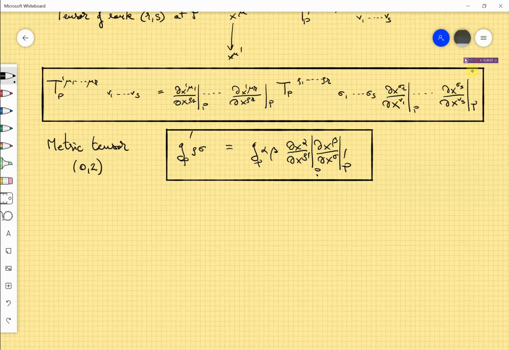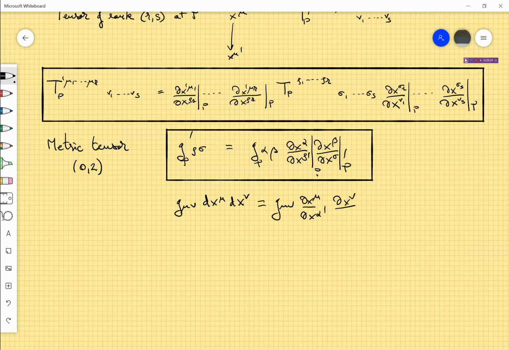So one would write something like this, because automatically, if you want to relate the expression of this object in prime and unprimed coordinates, let's say that you start with the unprimed ones and you just apply the chain rule: dx nu prime, dx beta prime, over dx alpha, dx beta.